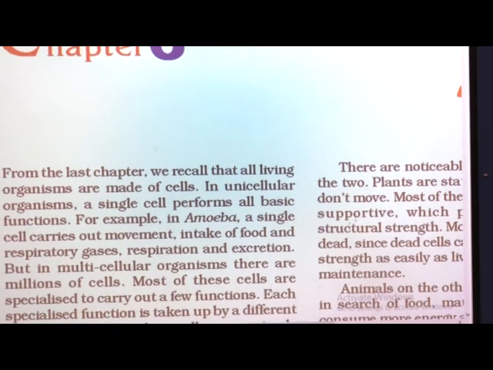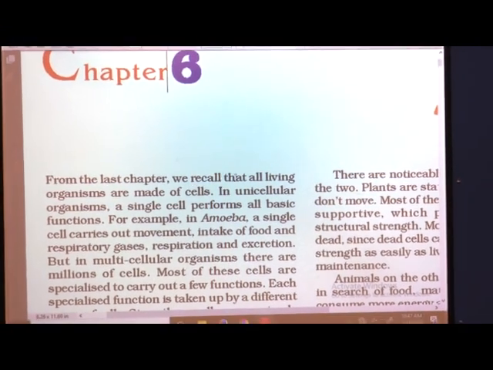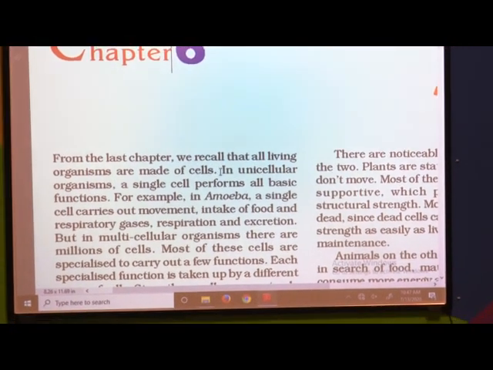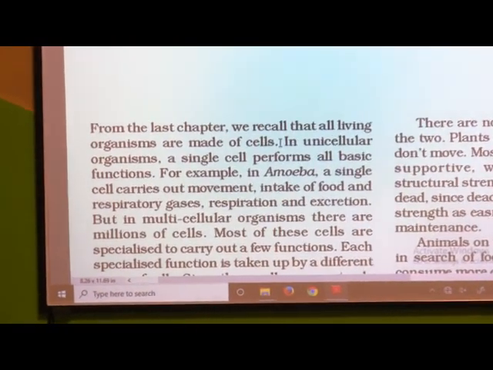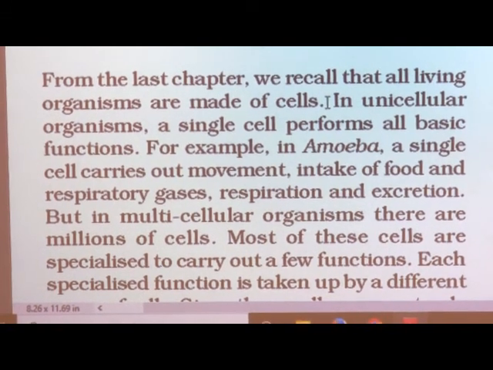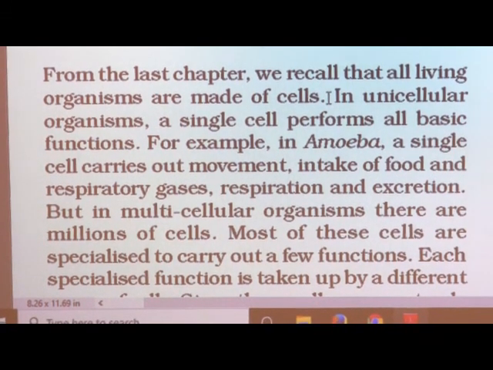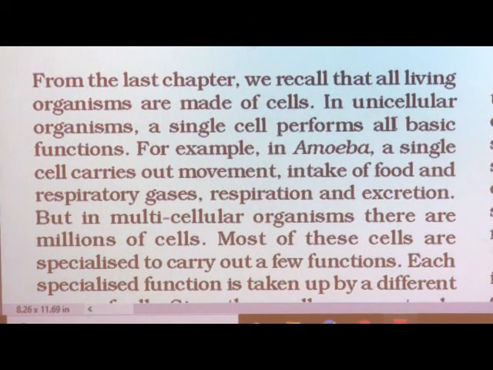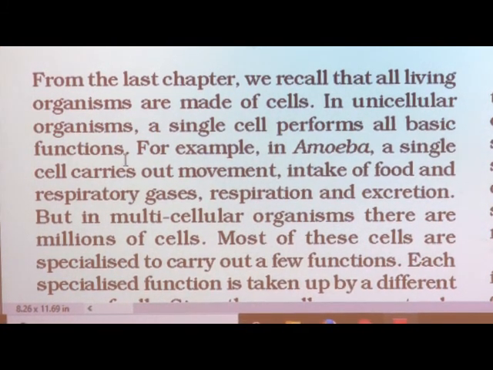So, chapter number 6, tissues. Okay, from the last chapter we recall that all living organisms are made of cells. That is why the cell is called the basic unit of life. Now, in unicellular organisms, a single cell performs all basic functions.